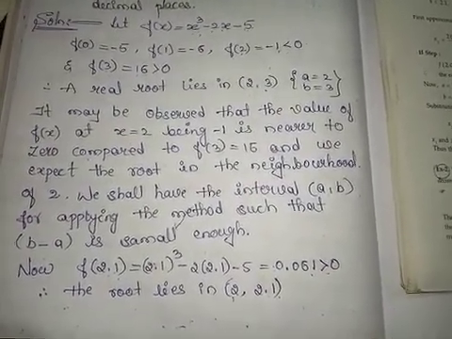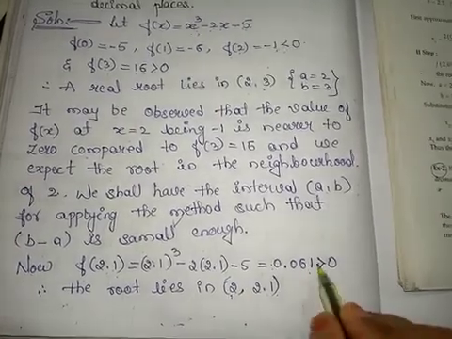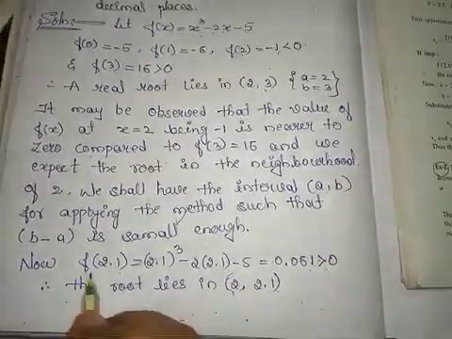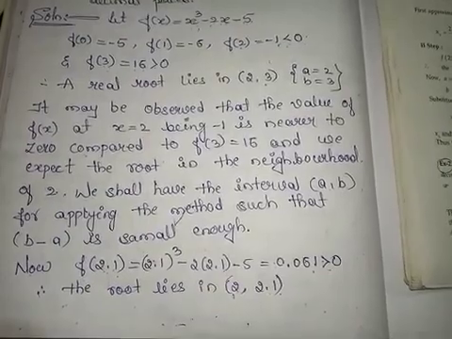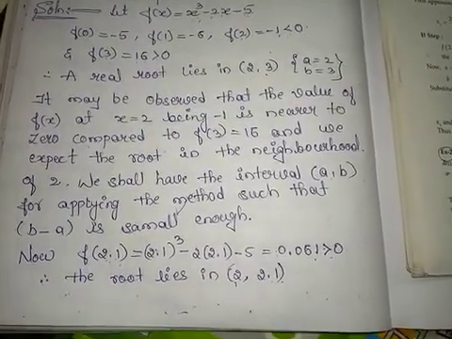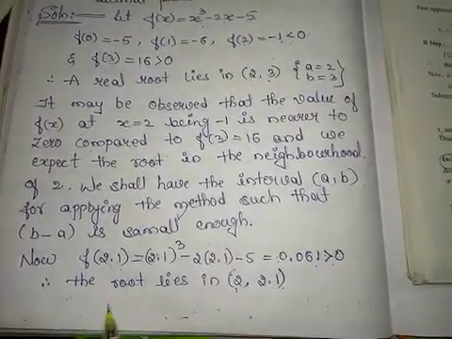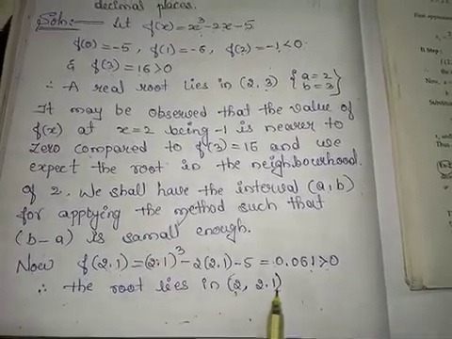If f of 2.2 is negative, then take 2.1 as a and 2.2 as b. For this example our root lies in 2, 2.1. Here we have step by step methods.